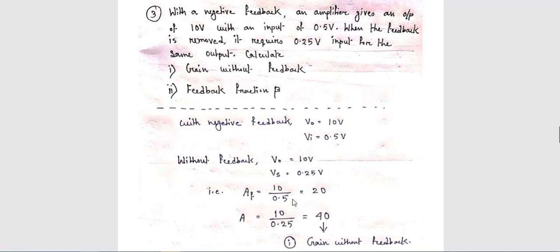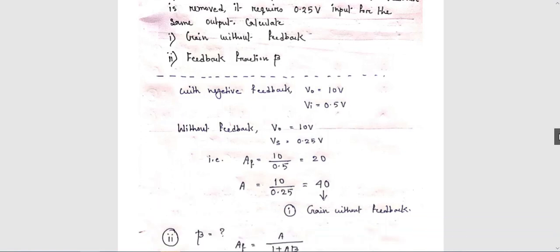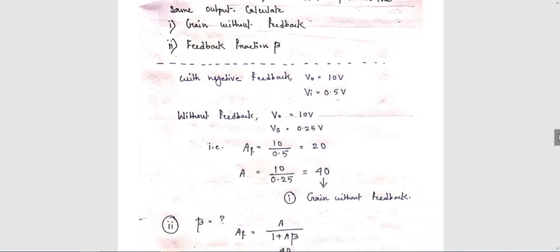A is equal to V0 by Vs, that means 40. In your question, AF and A are all given. What you have to calculate is the gain without feedback. That means you have to calculate A. So your first answer, gain without feedback, will be 40.